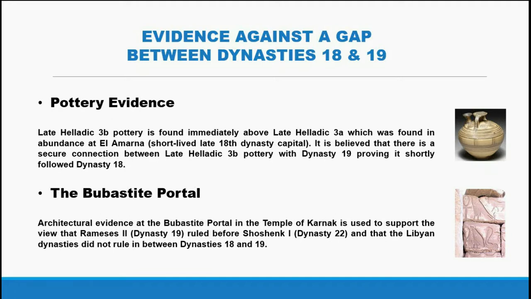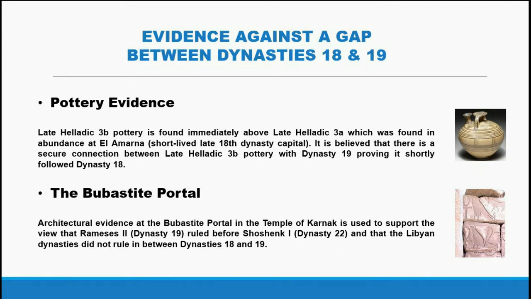One very interesting point brought to attention by Alan Montgomery, who supports Velikovsky's placement of the dynasties, is that the prenomen name of Ramses the Great, Usamatre Setepenre, is the same prenomen name used by Libyan dynasty pharaohs Osorkon II and Shoshenq III. So, have scarabs found with that prenomen name been incorrectly assigned to Ramses the Great? And does this impact on the connection between late Helladic 3B pottery with Dynasty 19?